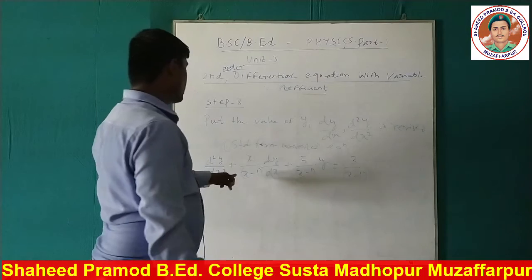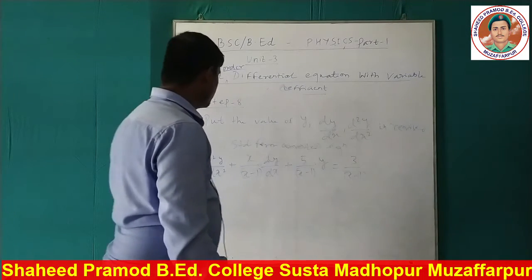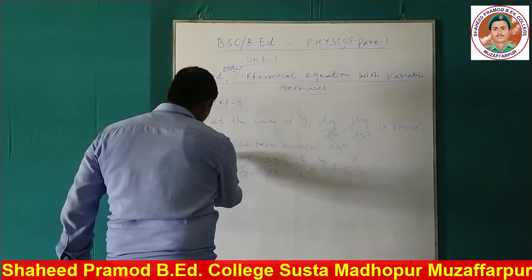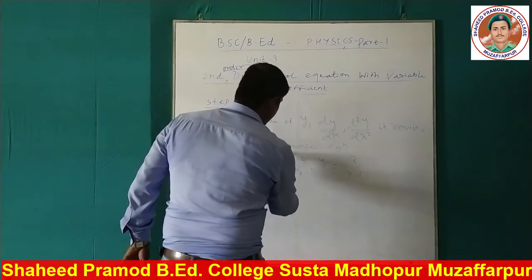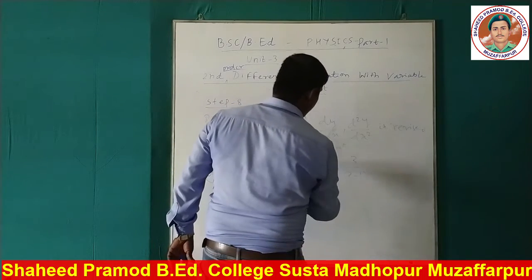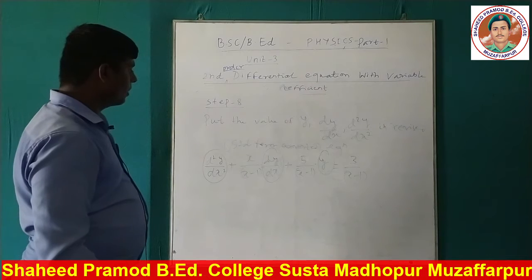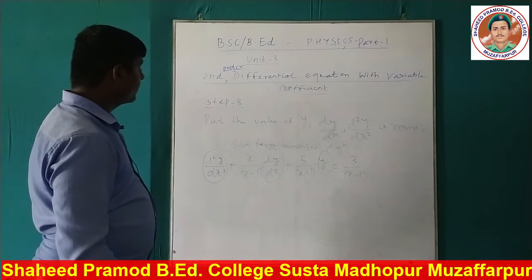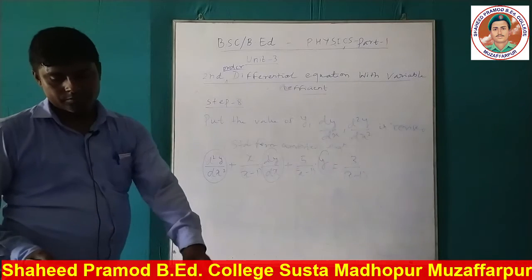So this was the revised standard form converted equation. So you have to choose the value of d2y upon dx square and dy upon dx and value of y from the step number 6 and 7. So let us see what we get.